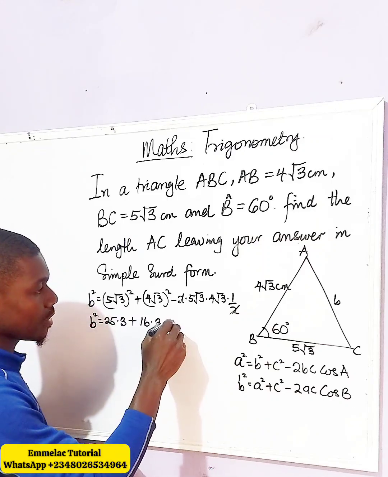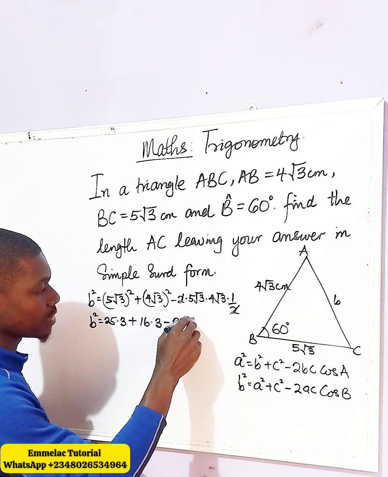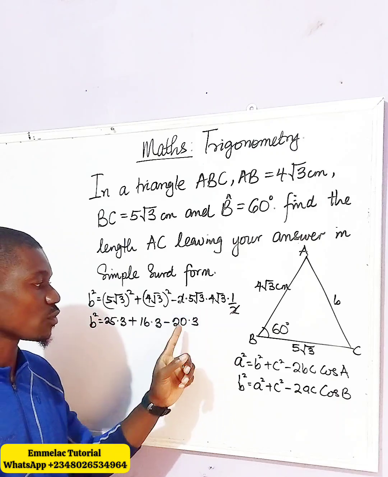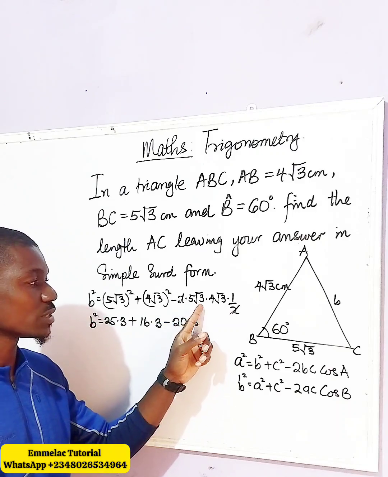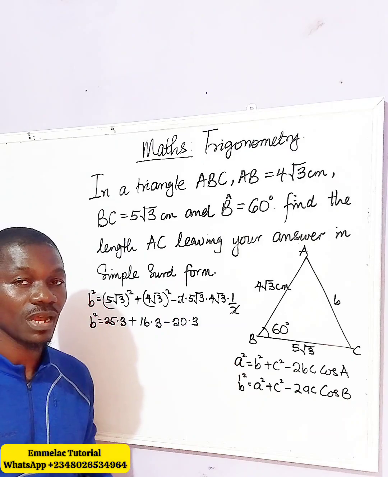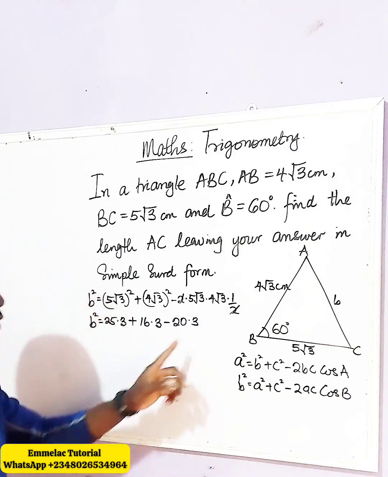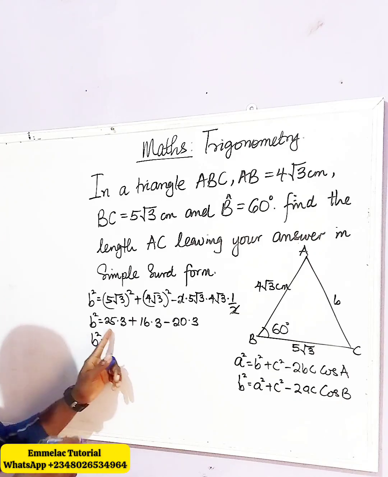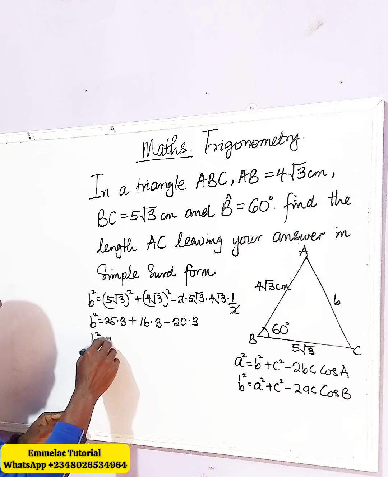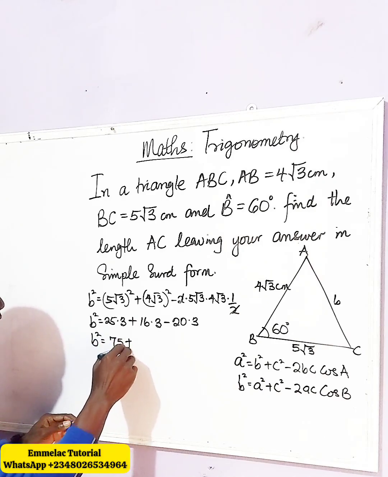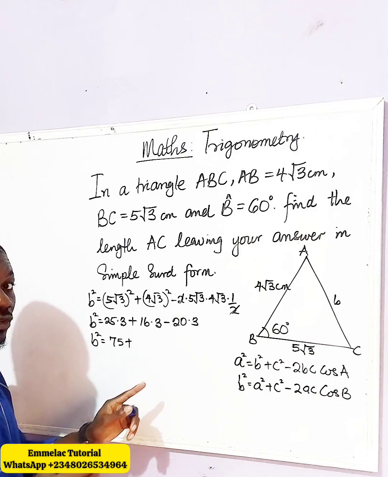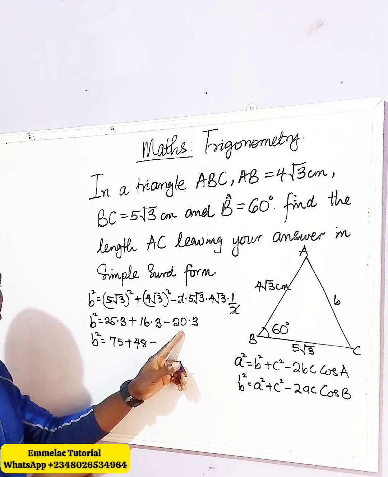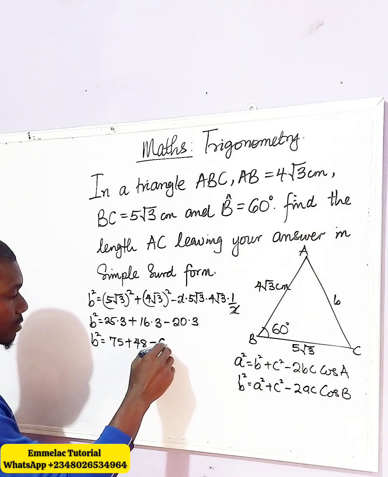That will give us 20 times 3. How is it 20 times 3? 5 times 4 will give us 20, then root 3 times root 3 will give us 3. So here we have b squared equals 5 times 3 will give us 75, then plus 16 times 3 will give us 48, then minus 60.